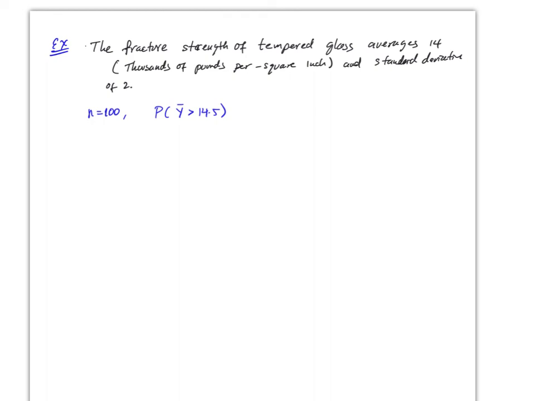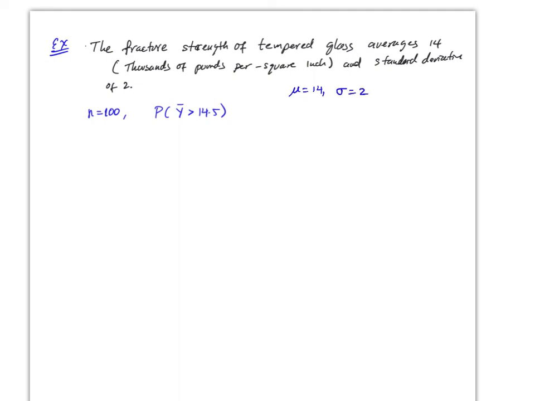All right, so let's look at the following example. Let's say that the fracture strength of tempered glass averages 14, which is measured in thousands of pounds per square inch, and it has a standard deviation of 2. So here we have mu is 14, and sigma is 2.